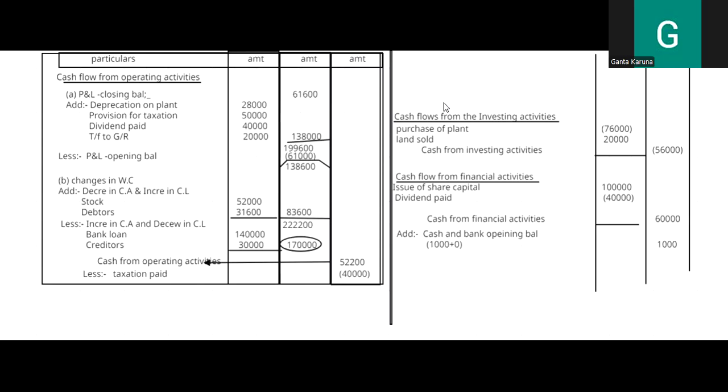So 52, 200, 6,000. So I have to get the answer to be how much? So here, I'm going to first underline it. So my answer should be what?